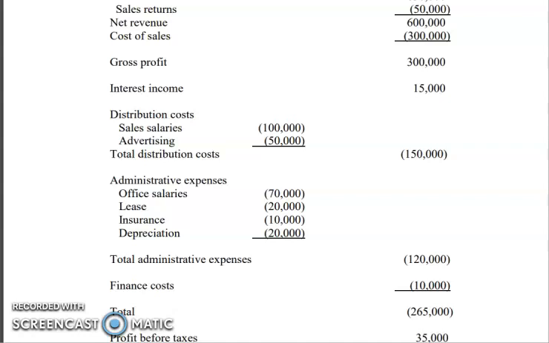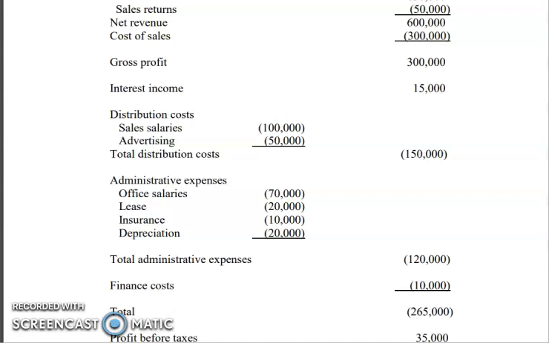Some of you may have put lease under distribution costs. Maybe you thought that lease was leased vehicles for our sales staff. Okay, so I would not have marked that wrong. If you can justify why that lease was put under distribution costs, then it's not incorrect. Okay, I know some of these accounts, they don't give you a lot of information.